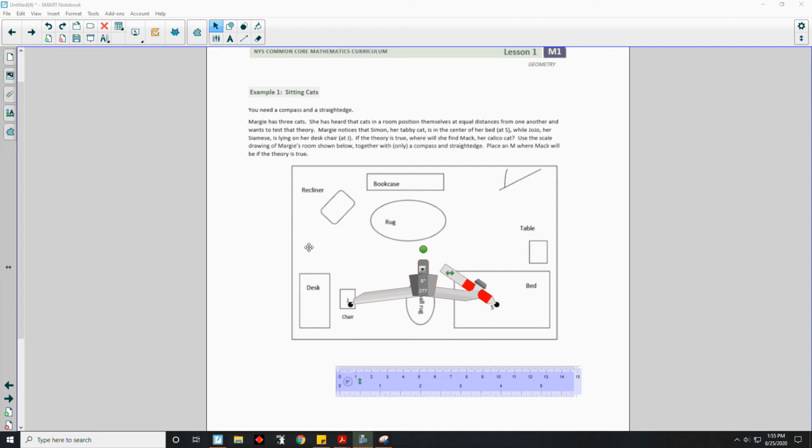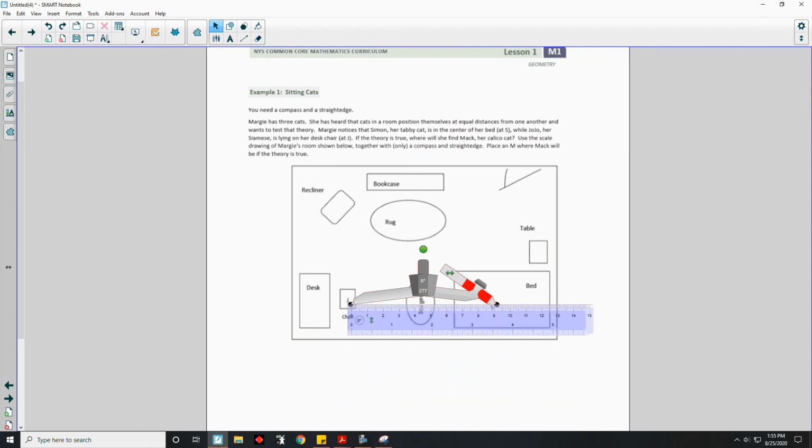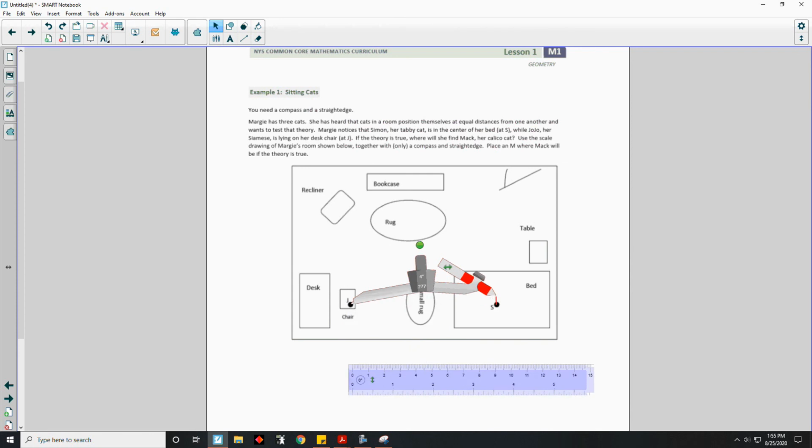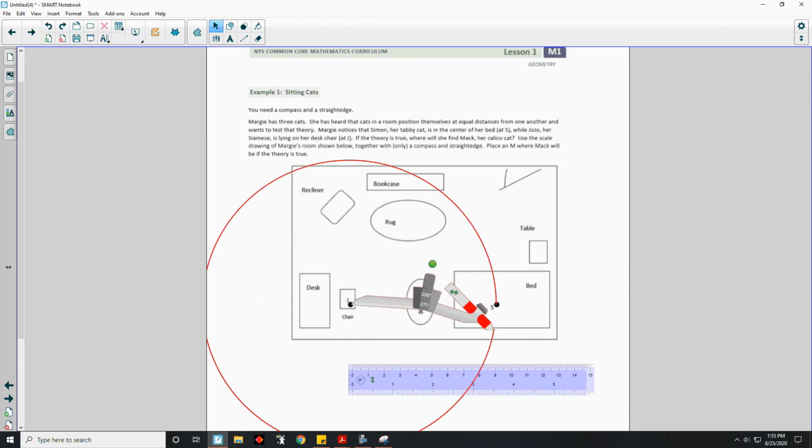Okay, so I had to adjust the drawing, but anyway, I have my point on J. I'm going to make a circle with center J and radius of the length of segment JS, which if I drew a segment there, would be approximately 93 centimeters. So if I spin this around like so, there is the circle. So the other cat, Mac, if he's in the room, has to be somewhere on this line right here, because that goes outside the room.